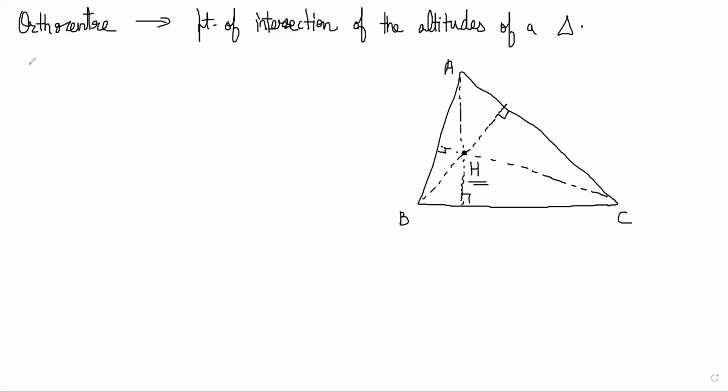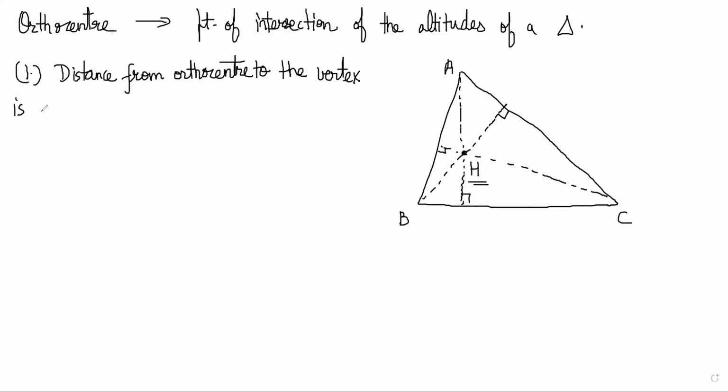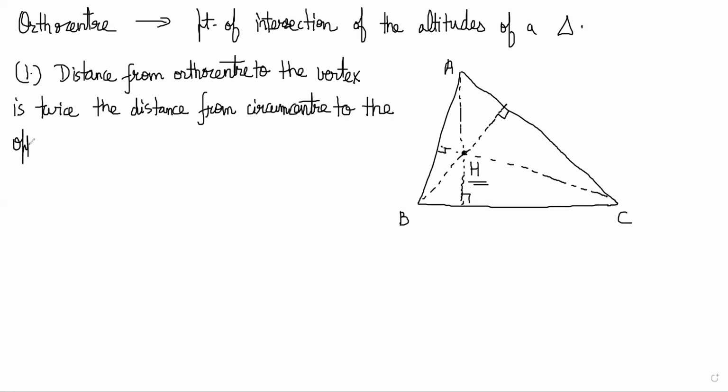Now, the first property of the orthocenter that we need to know is that the distance from orthocenter to the vertex is twice the distance from circumcenter to the opposite side of the vertex.